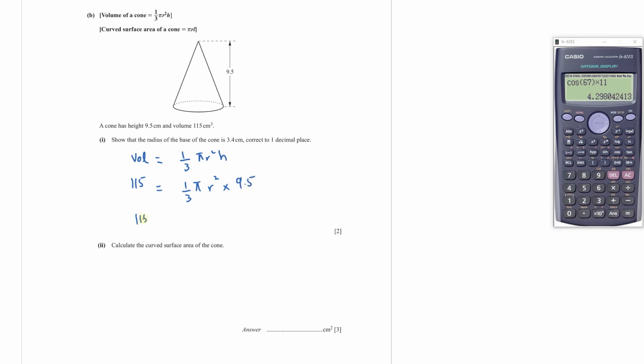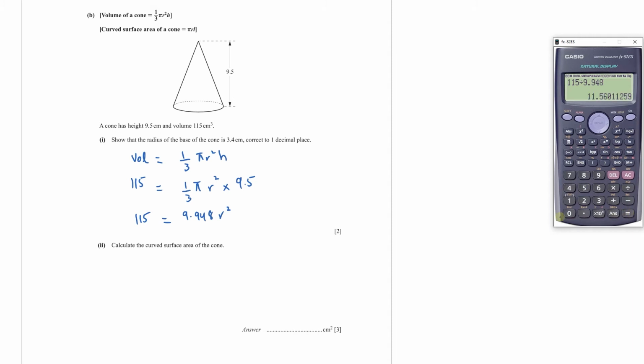So this will be 115 equals pi into 9.5, then divide by 3. So this is 9.948 r square. So I will divide this on the other side of the equation: 115 divided by 9.948.